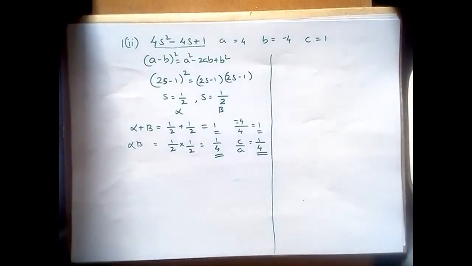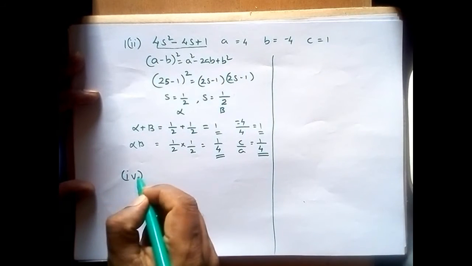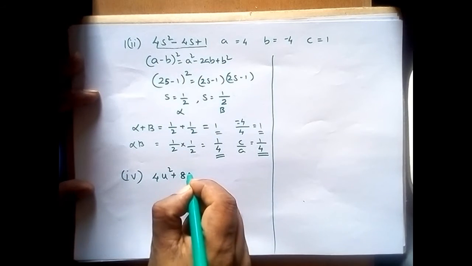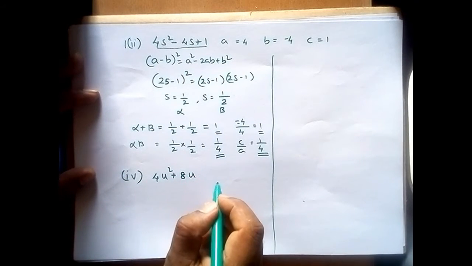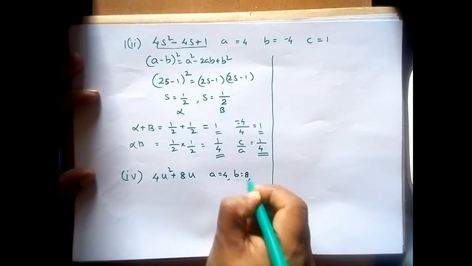Now the third question is 6x² − 3 − 7x, which we have already done while demonstrating the result. So we are moving to the fourth question. The fourth question is 4u² + 8u. Here a is equal to 4, b is equal to 8 and c is equal to 0.